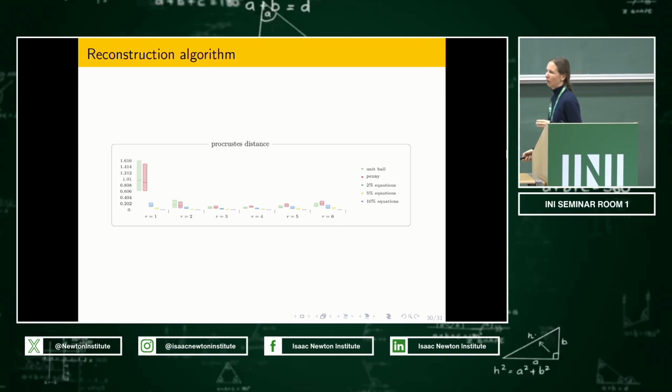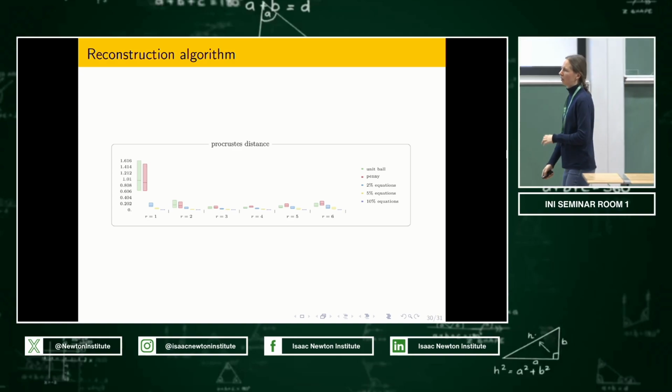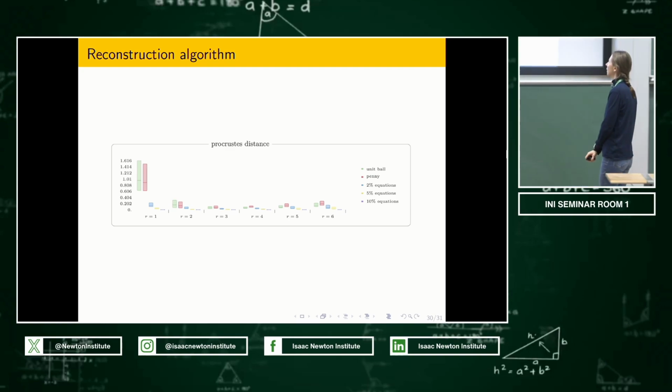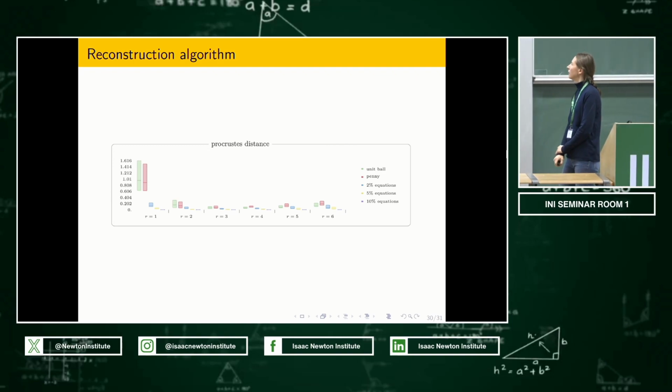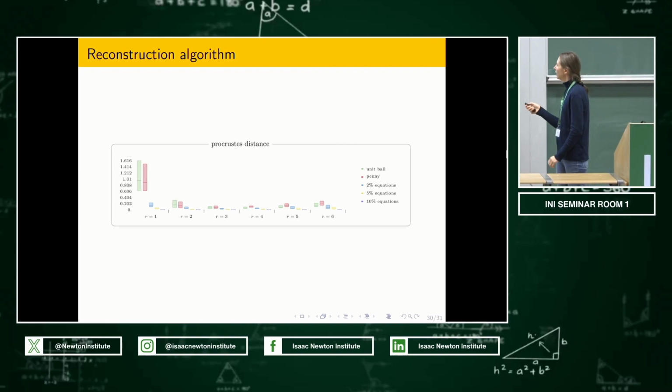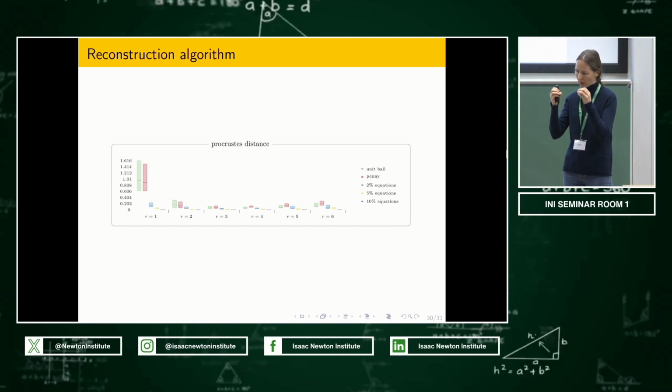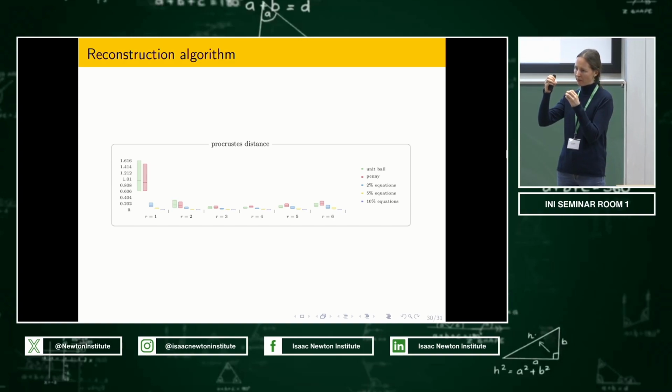Is there any intuition as to why R equals 4 is somehow better than 5? I'm thinking, so here in the synthetic experiments, we used a Brownian motion model where we started with the first bead, then we constructed the next one, and the distance between neighboring beads was always 1.